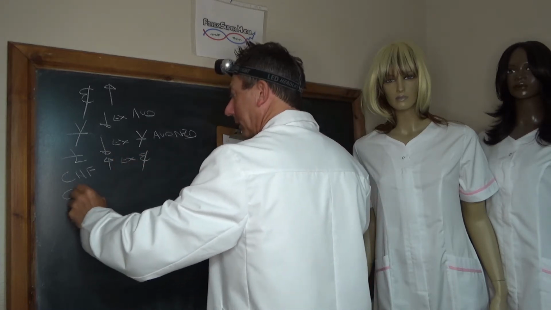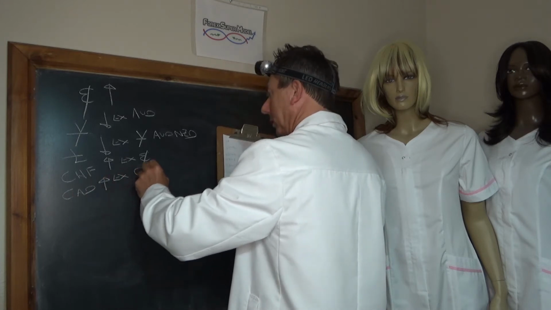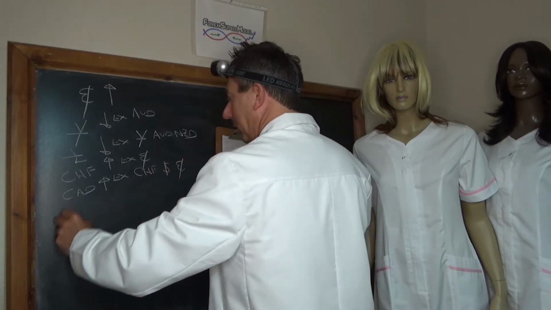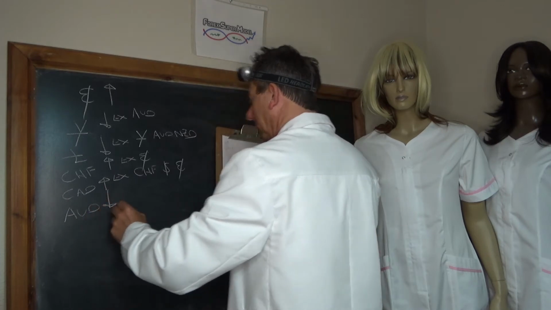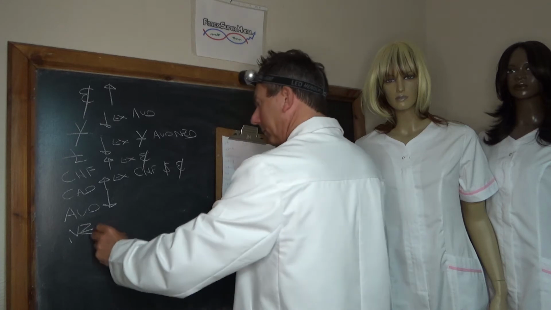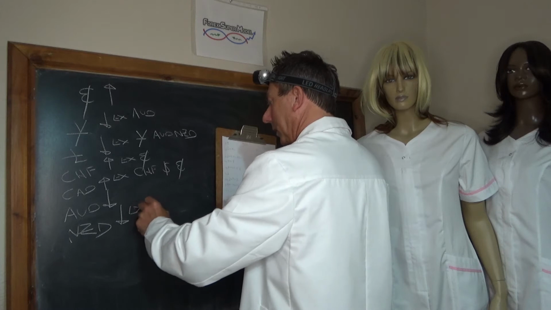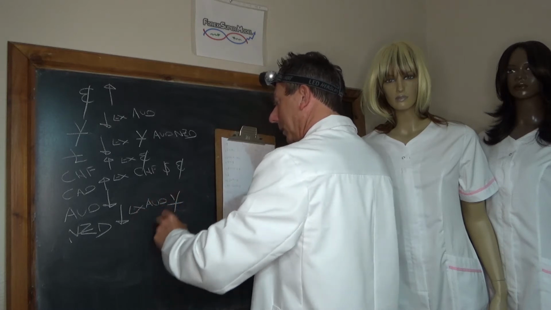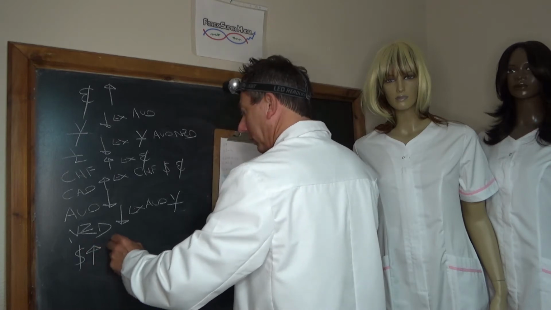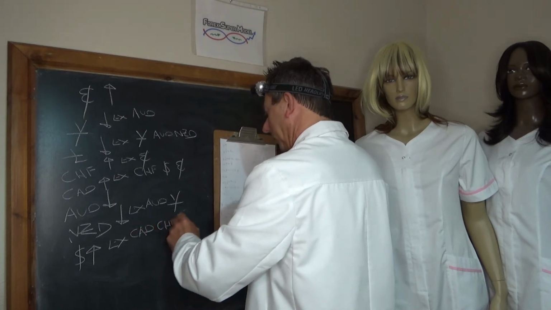The CAD is strong except against the Swiss, the dollar and the euro. The AUD is weak across the board. The NZD is weak except against the AUD and the yen, and the dollar is strong except against the CAD, the Swiss and the euro.